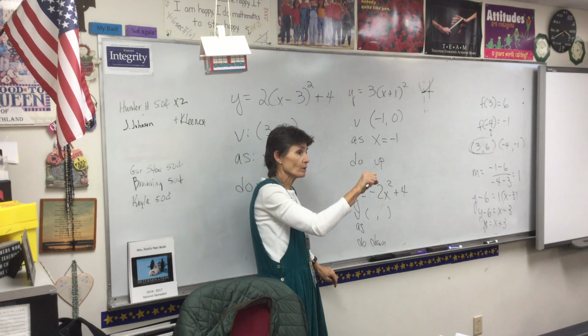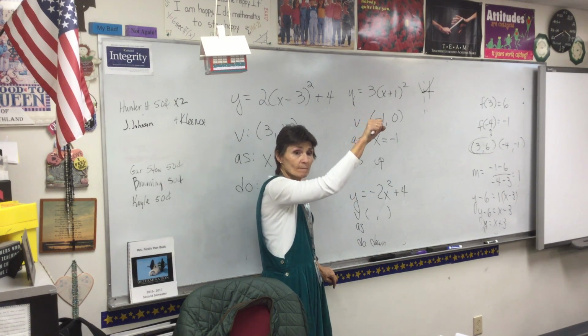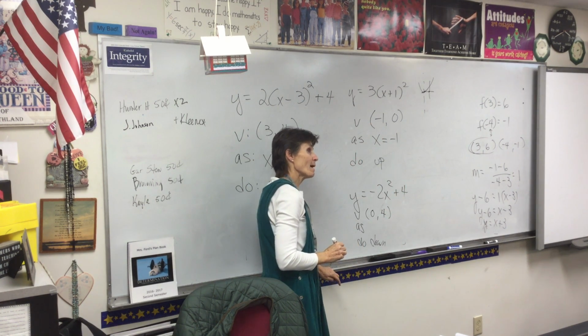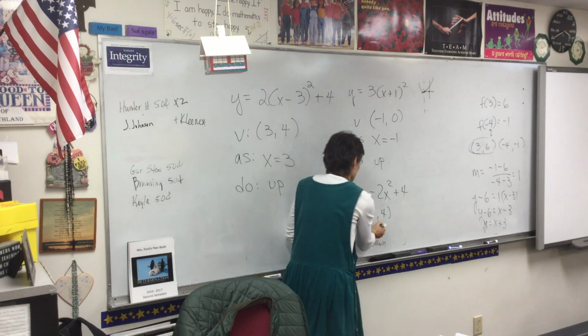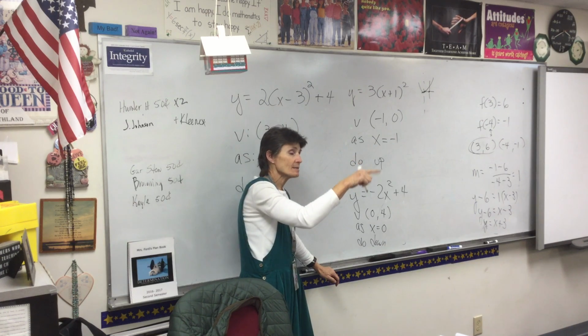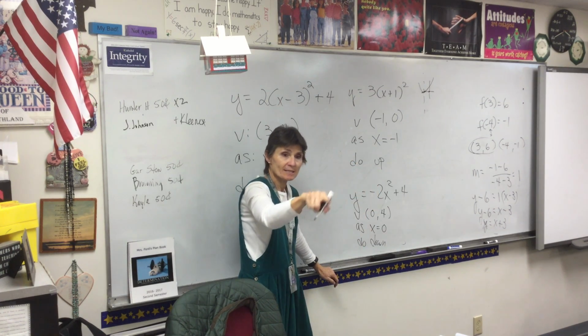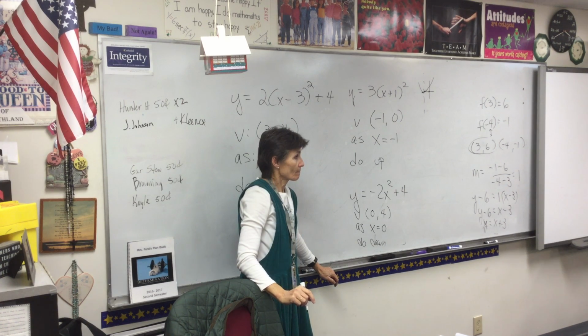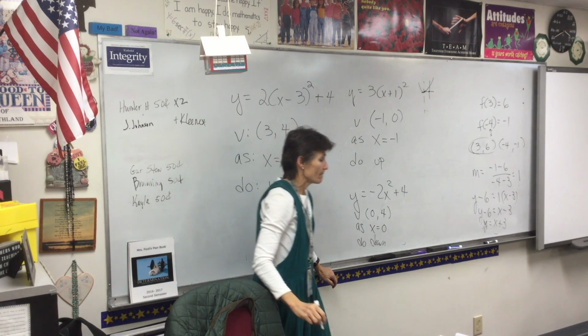If I start at the origin and go up 4, I'd be at 0, 4. Which makes my axis of symmetry x equals 0, because your axis of symmetry matches the x of your vertex. Every time.